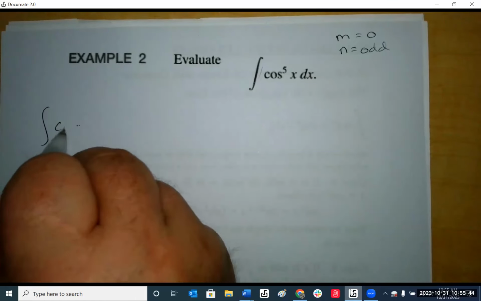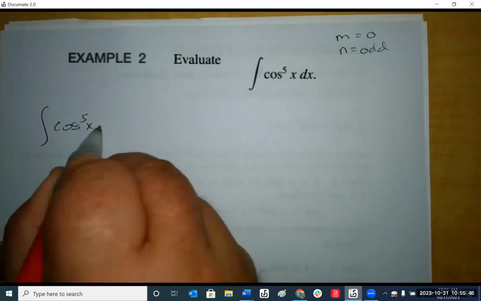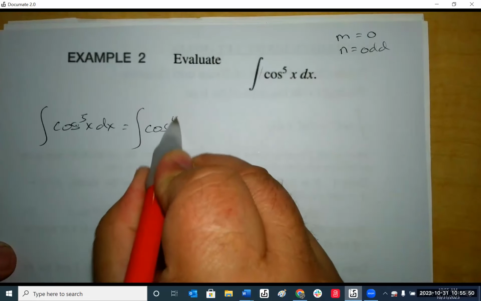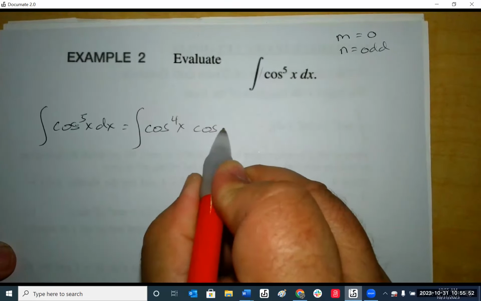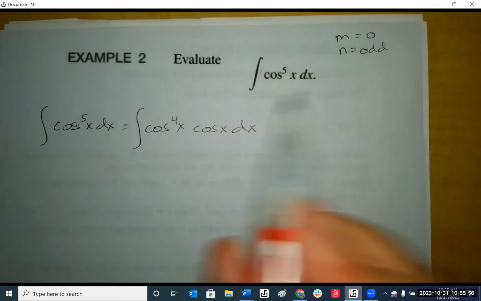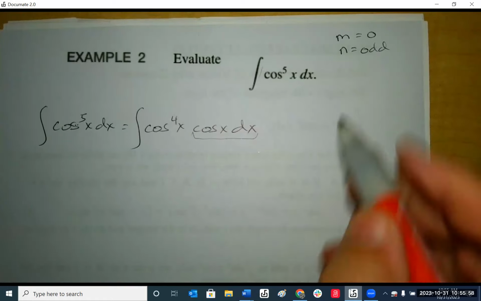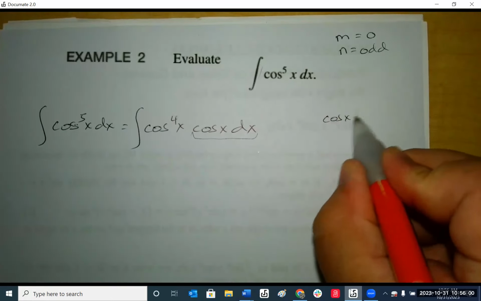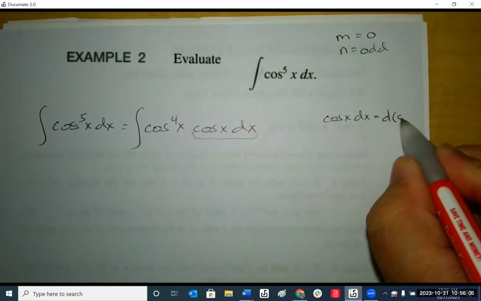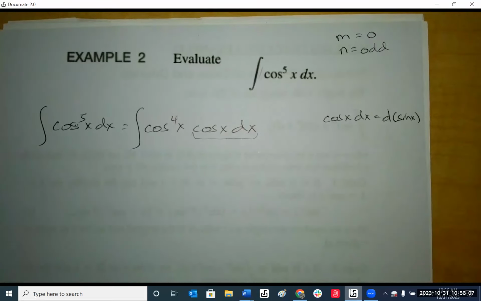So our integral of cosine to the 5th of x dx is the integral of cosine to the 4th x times cosine x dx. Remember, cosine x dx is equal to d sine of x.